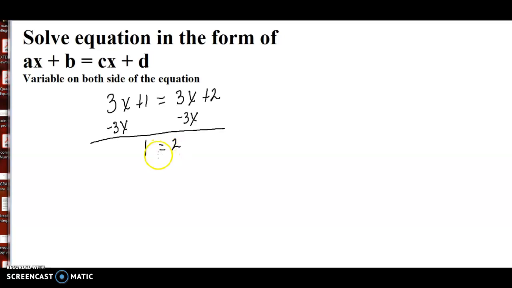And look what this problem is trying to tell me. This problem is trying to tell me some foolish thing that 1 is equal to 2. And we know 1 does not equal 2. What this information is saying is this problem has no solution.